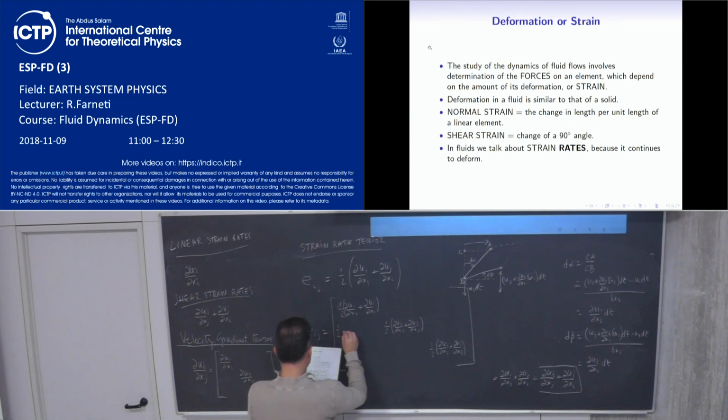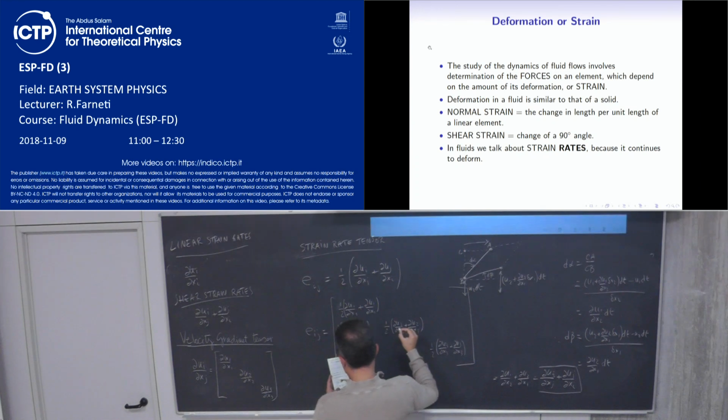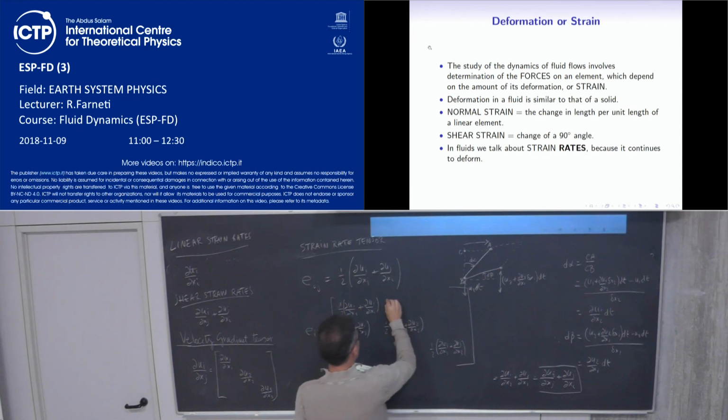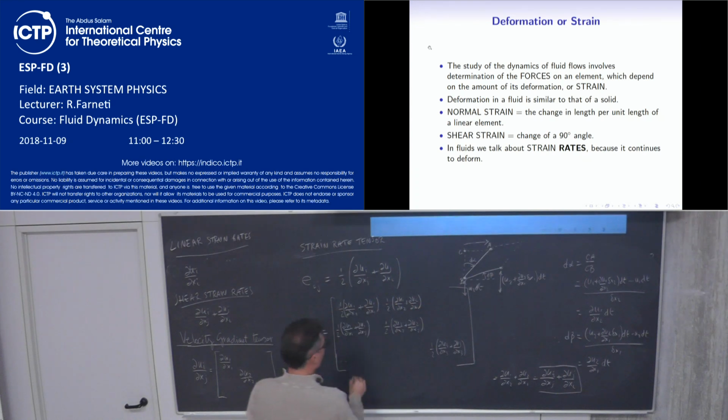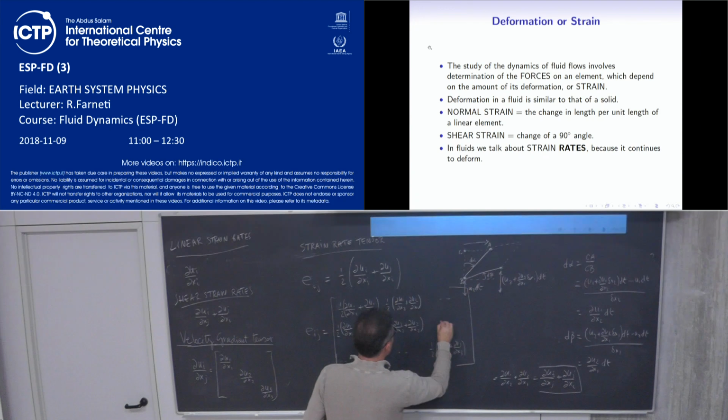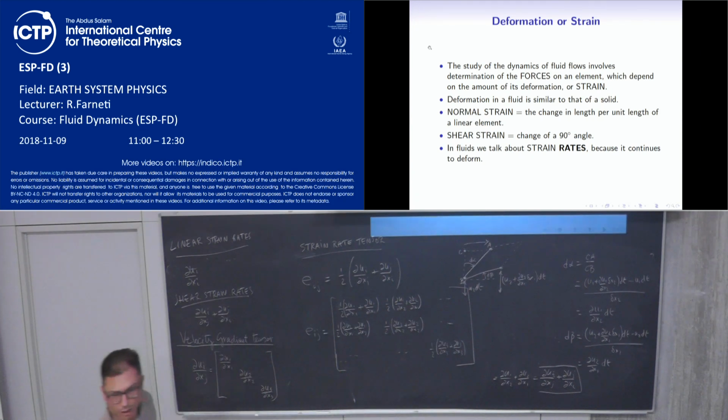And the off-diagonal terms are half the shear strain rates.